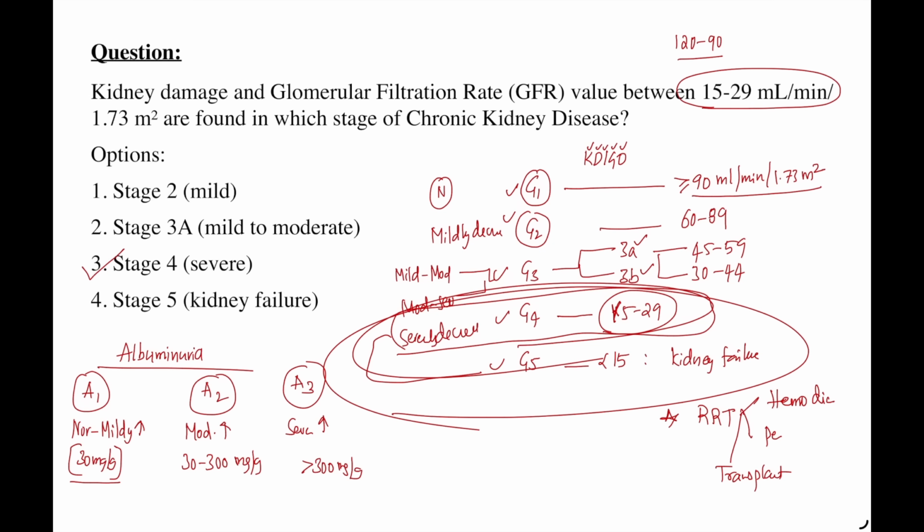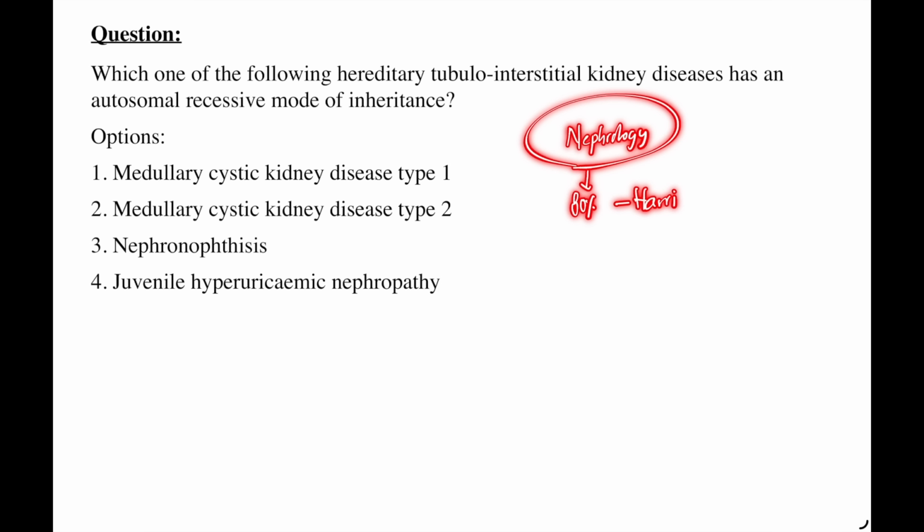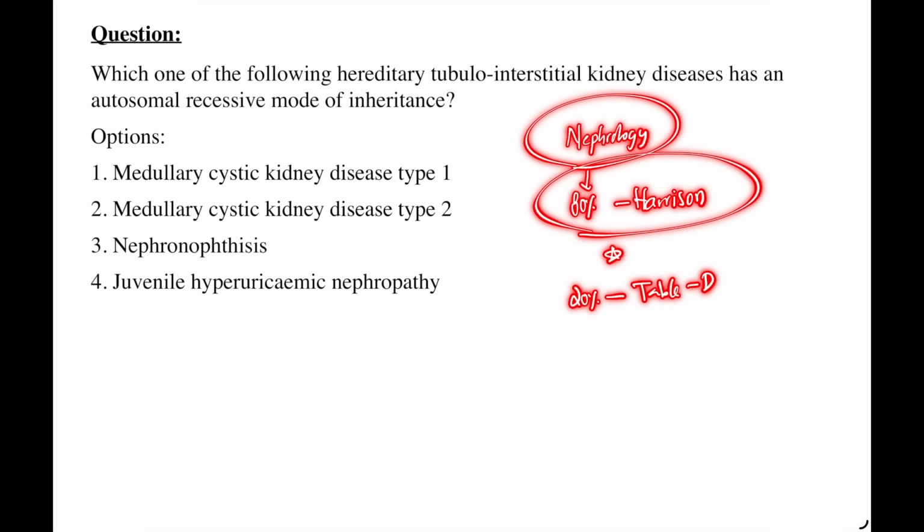Now the next question is, again we are referring to the general medicine part of the UPSC CMS 2025 solution discussion or model answer discussion. Now we are discussing more questions from nephrology, and the reference for almost 80% of these nephrology questions is taken from Harrison. There are some topics for which we couldn't find answers in Davidson. Yes, 20% of the table part of questions are taken from Davidson, but the conceptual questions are taken from Harrison.